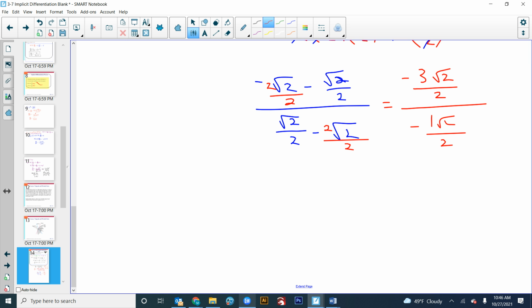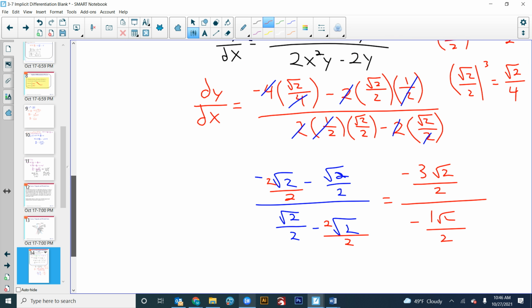I think we're missing something here. Hold on, -2... -3 radical 2 over 2, minus radical 2 over 2. Flip and multiply, so we're going to get a positive. We're going to multiply by 2 over radical 2. Those cancel. Get that canceling pencil ready. Those cancel. Did you get 3?